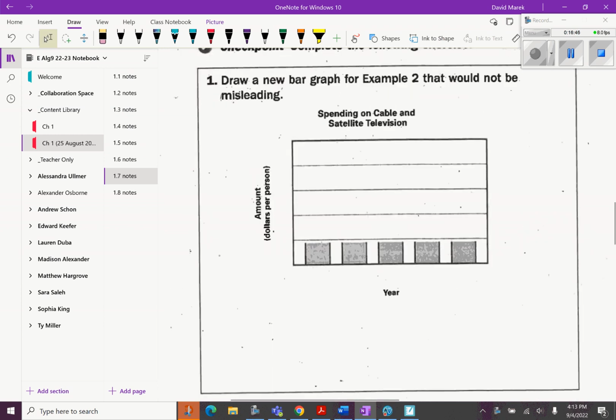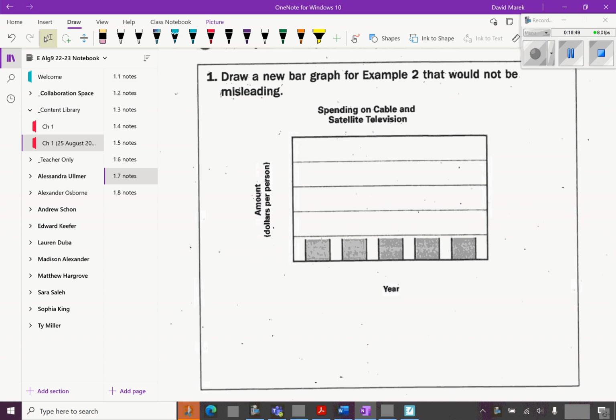Now again, I've already pointed out several different aspects of what a good bar graph is. Let's see how many of those you remember. If not, of course, you can go back and rewind. I'm going to let you have 3 minutes. Ready to go.